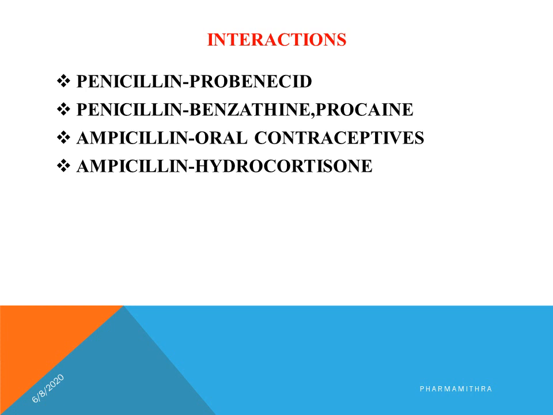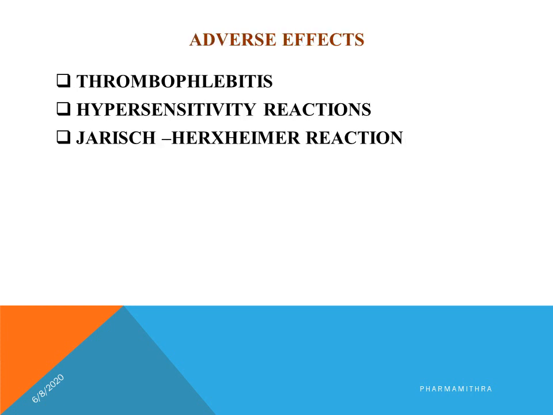Second interaction is penicillin with benzathine and procaine, organic bases which cause depot formation and result in prolonged action of penicillin. Third is ampicillin interacting with oral contraceptives, which can cause failure of contraception. Fourth is hydrocortisone, which will inactivate ampicillin if it is mixed in IV.